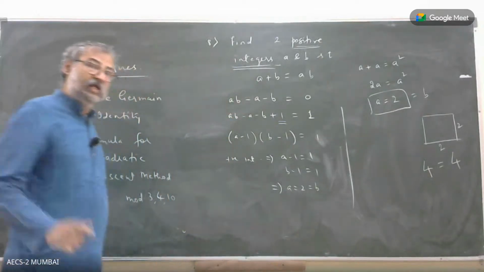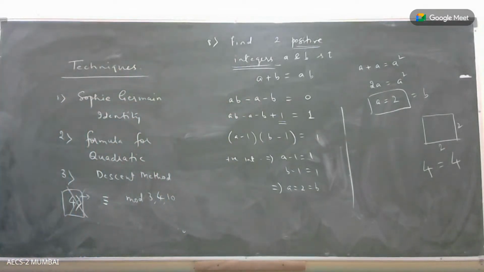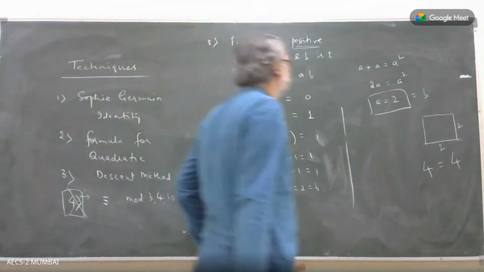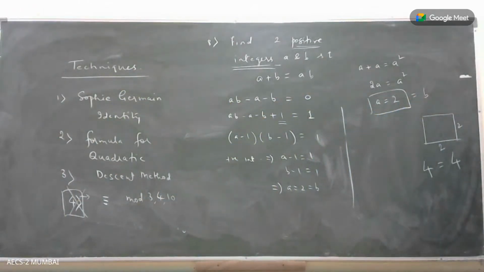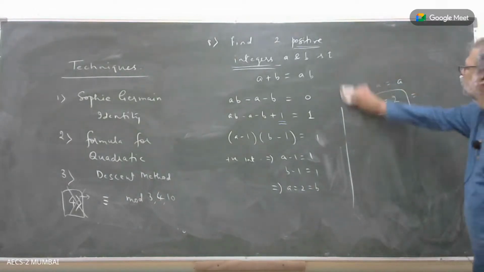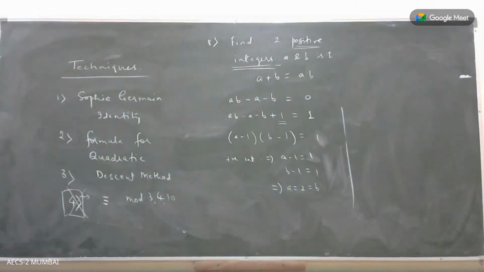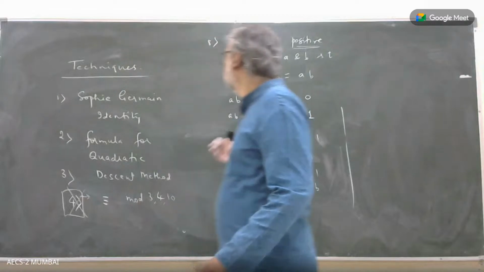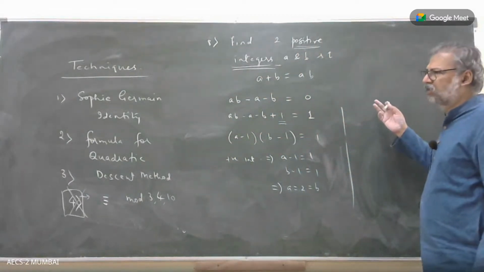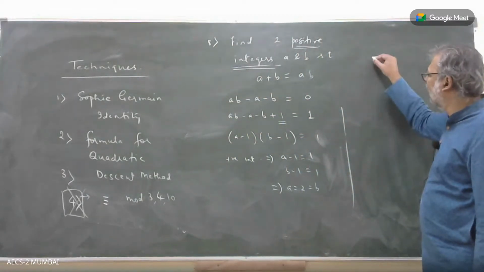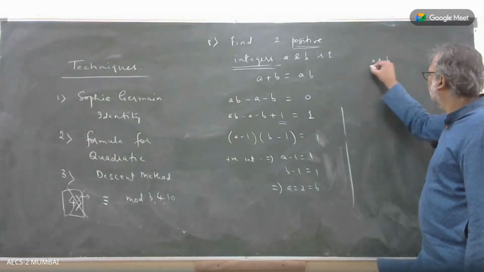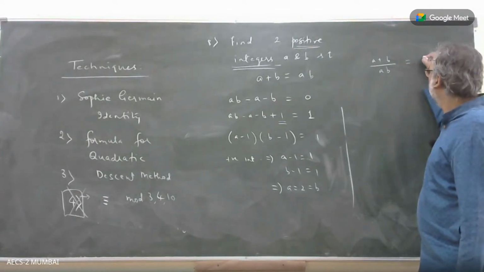Another nice way, which is again connected to geometry, is the following. What I do is, they are positive, I know they are not 0, so I divide by AB. So A plus B upon AB is equal to 1.